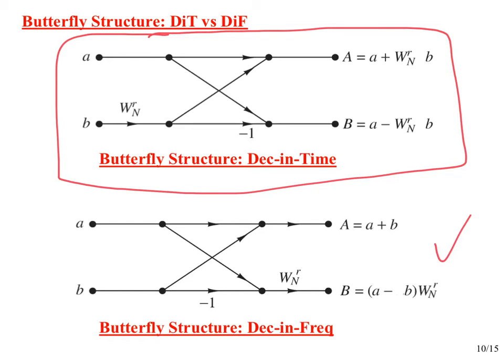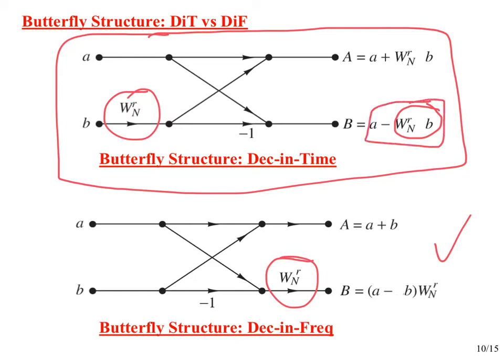The key difference is which side of the butterfly the twiddle factor lives on. For decimation in time, you apply it first to one of the inputs and then you do a subtraction, whereas for the decimation in frequency structure, you do a subtraction first, then you apply the twiddle factor.